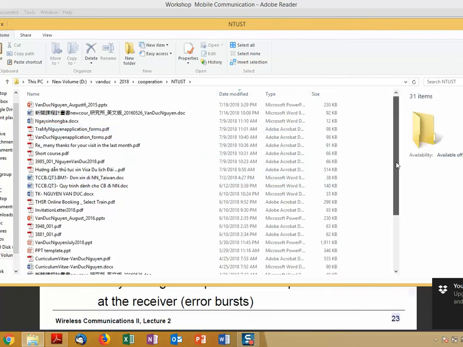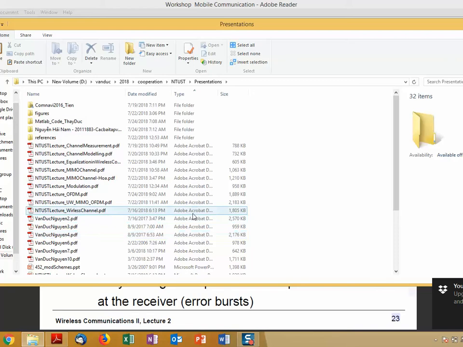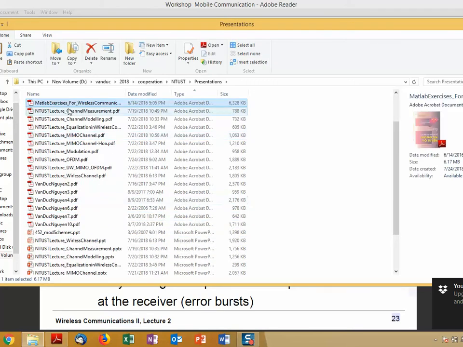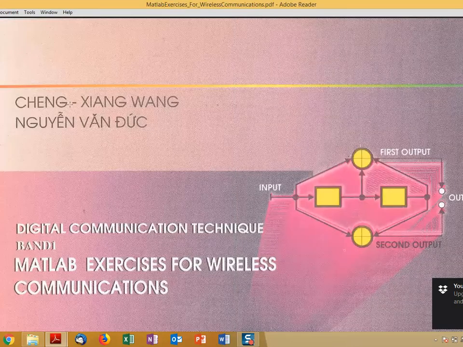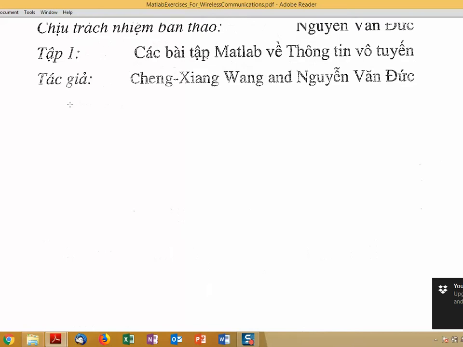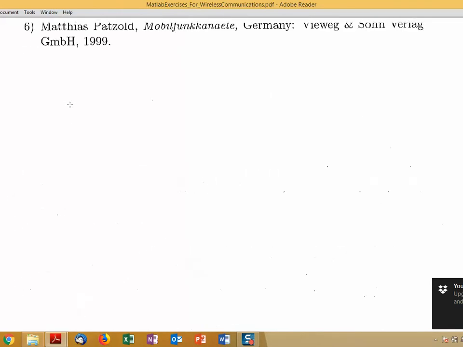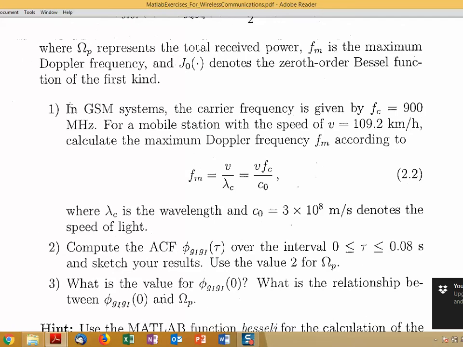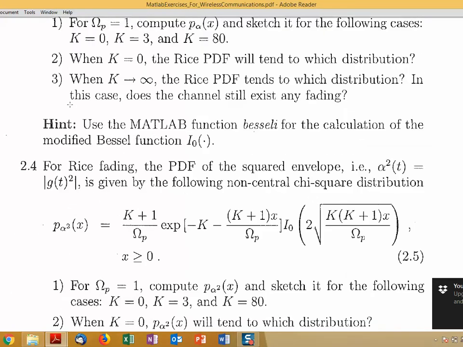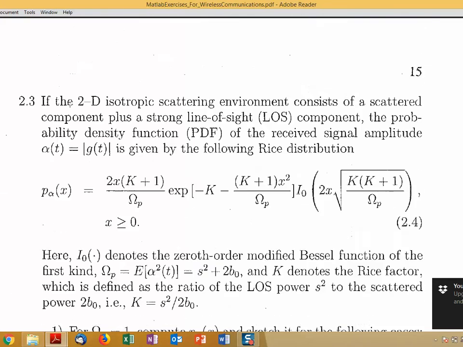I can also give you a copy of this. Actually, that's my book. I can make a copy for you, so you will have a soft copy. I just show you one of my exercises, so that you can simulate the Rayleigh channel.